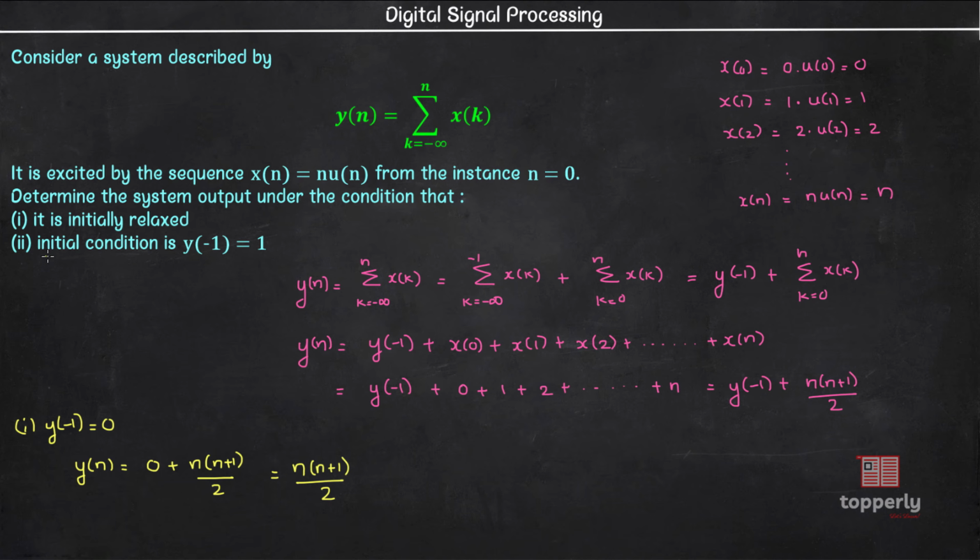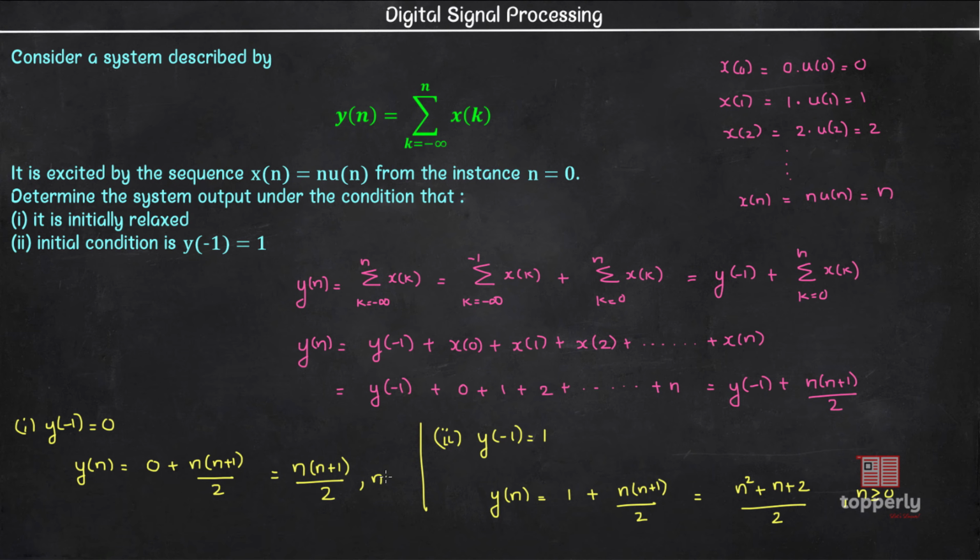When you see subsection 2, the initial condition is y of minus 1 equal to 1. So, the output y of n is equal to 1 plus n into n plus 1 by 2, which is equal to n square plus n plus 2 by 2 for n greater than or equal to 0.